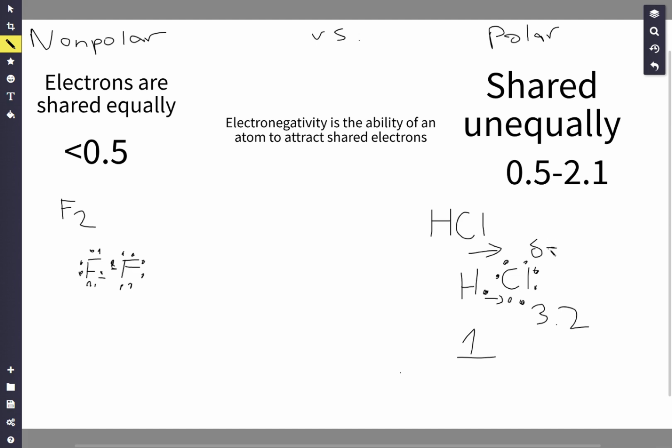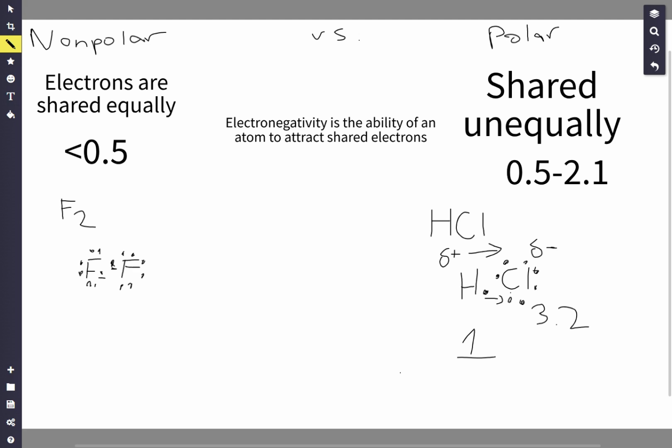So we'll put negative for chlorine and positive for hydrogen. So this is essentially saying that this is a polar covalent bond where hydrogen is partially positive charged and chlorine is partially negative charged.